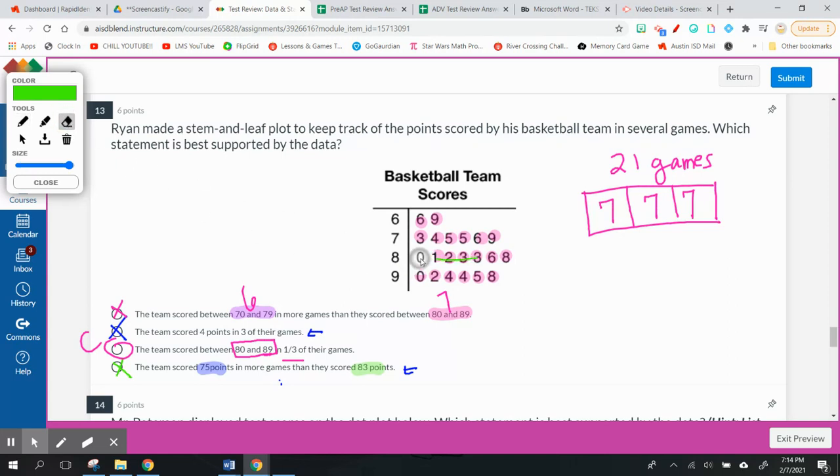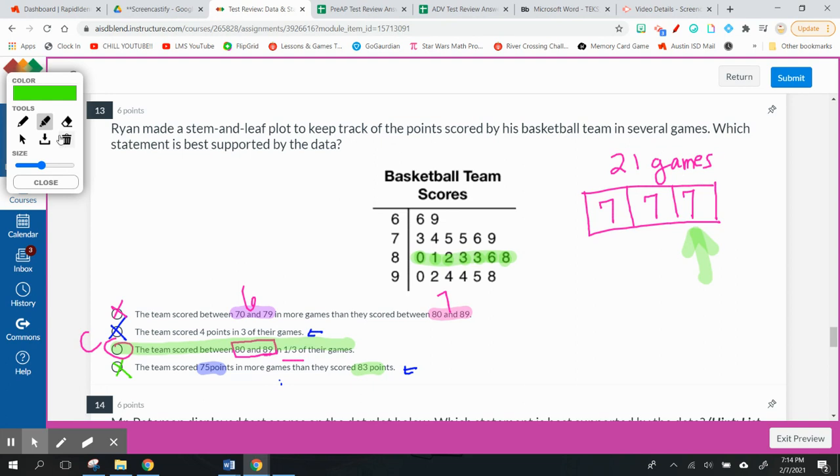Whoops, I didn't mean to mark through it. I meant to highlight it. Is this 7 games? 1, 2, 3, 4, 5, 6, 7. Yeah, they scored between 80 and 89 points in 7 games. And 7 is 1/3 of all of them. So that is our correct answer.